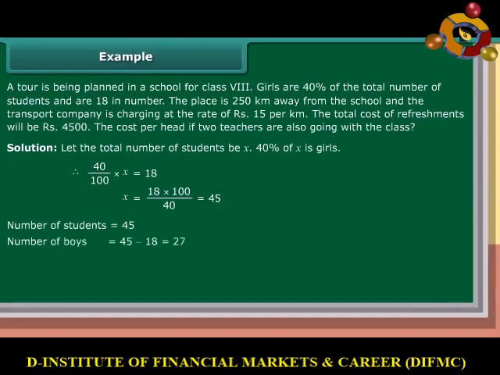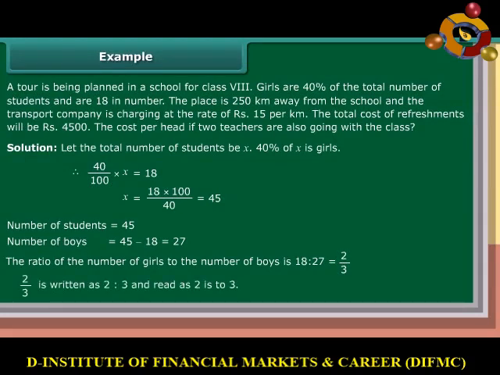Number of boys is equal to 45 minus 18, which is 27. The ratio of the number of girls to the number of boys is 18:27, which is equal to 2 upon 3. 2 upon 3 is written as 2:3 and read as 2 is to 3.